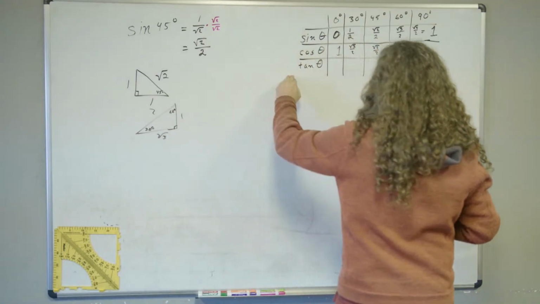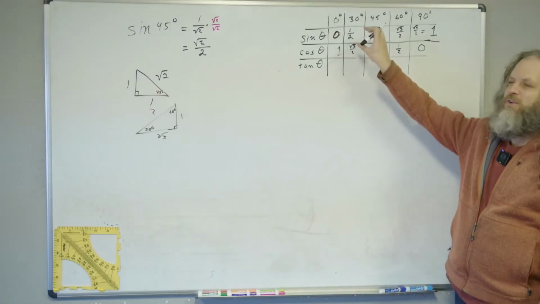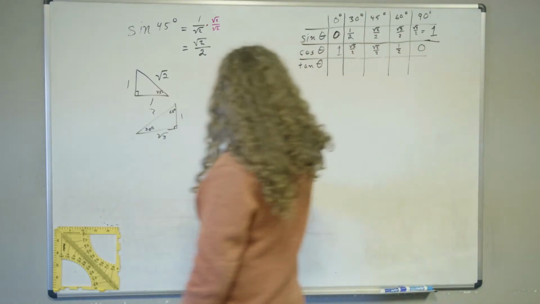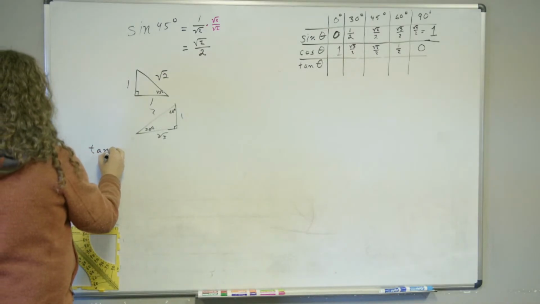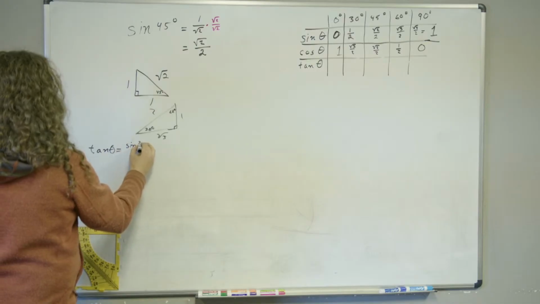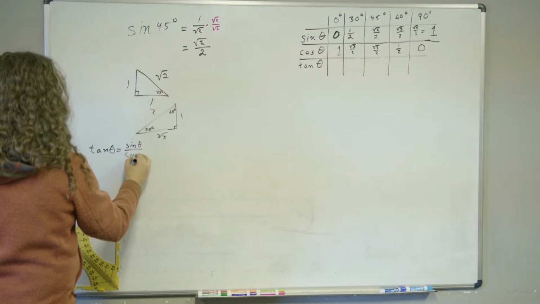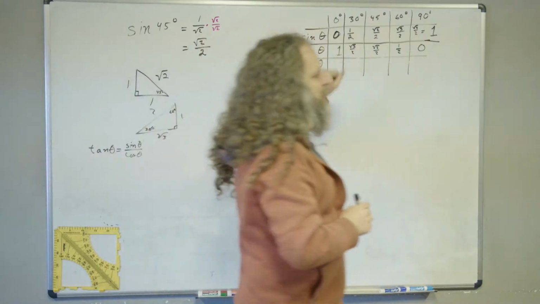You can build these ones and the other three, which you're not going to learn this year, just from these two. Because you'll learn later that the tangent of theta equals the sine of theta over the cosine of theta. So what's 0 divided by 1?